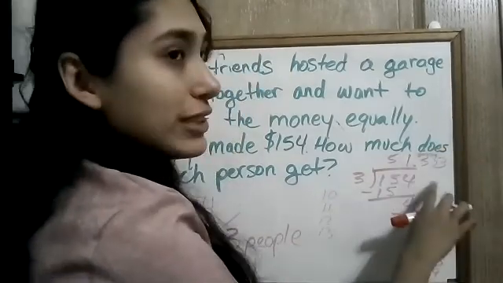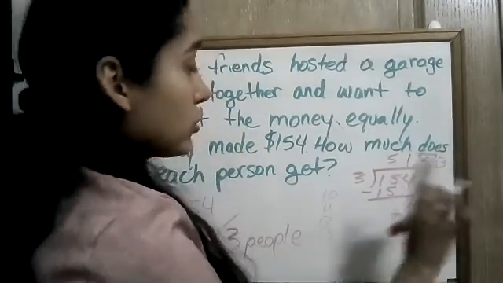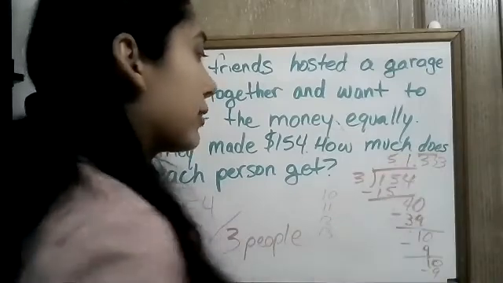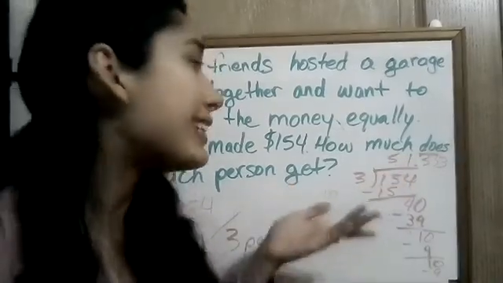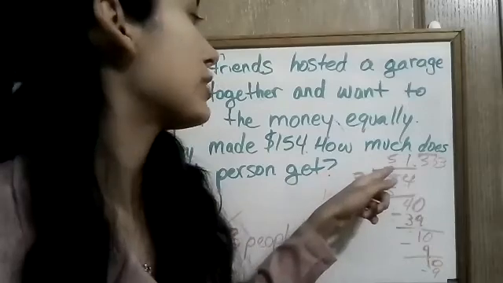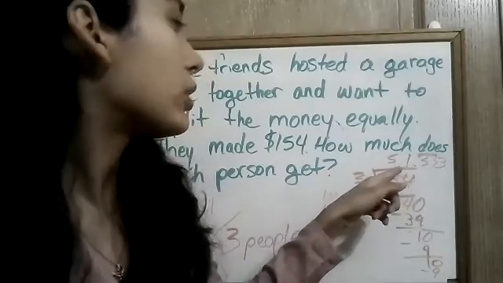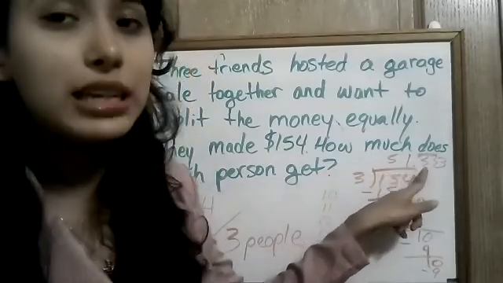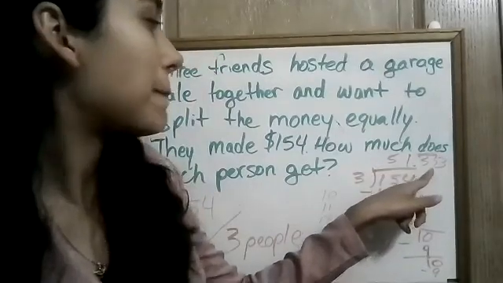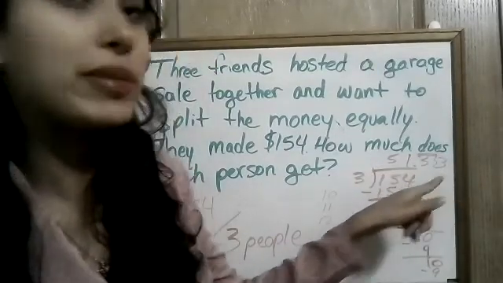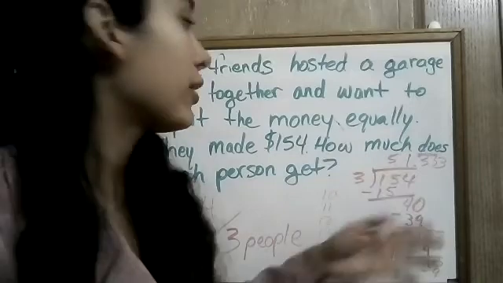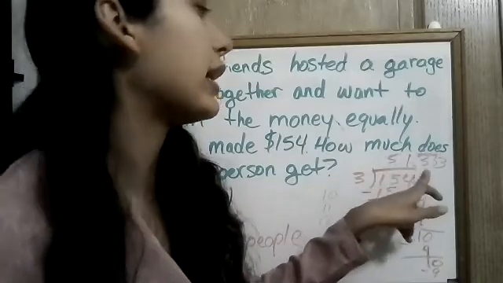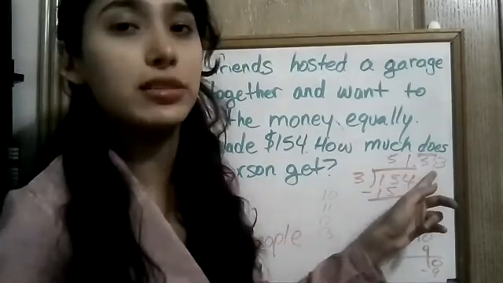So just for the sake of clarity, because these questions will want to know, technically, each person should get $51.33 repeating, but in money, in the United States, we only carry money up to this place.